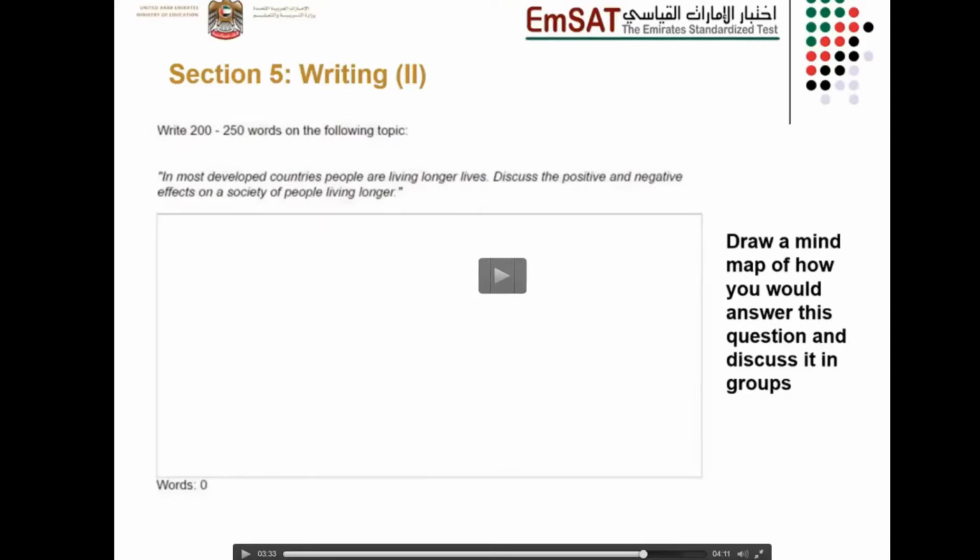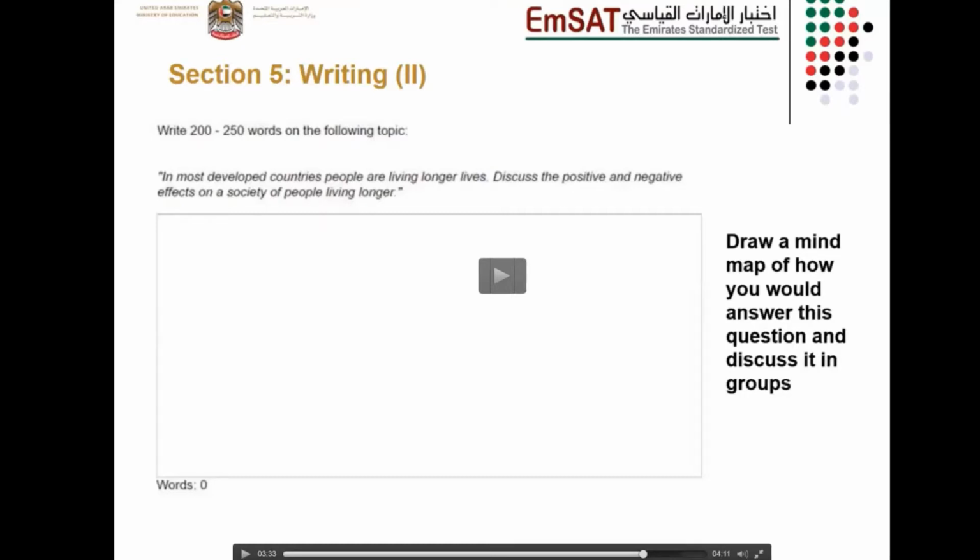You can write in a point by point format, or you can mix them together. In one paragraph you talk about the negative and link it to the positive at the same time, and discuss both sides in one paragraph.